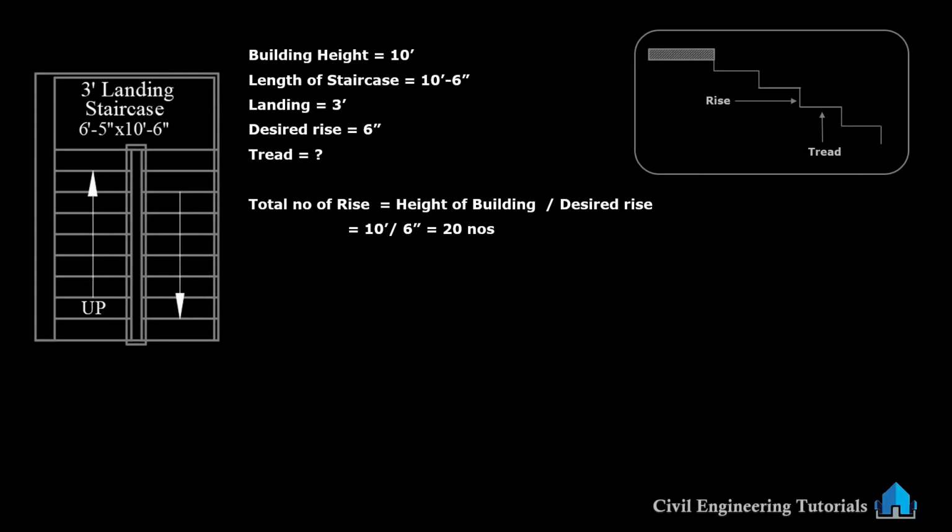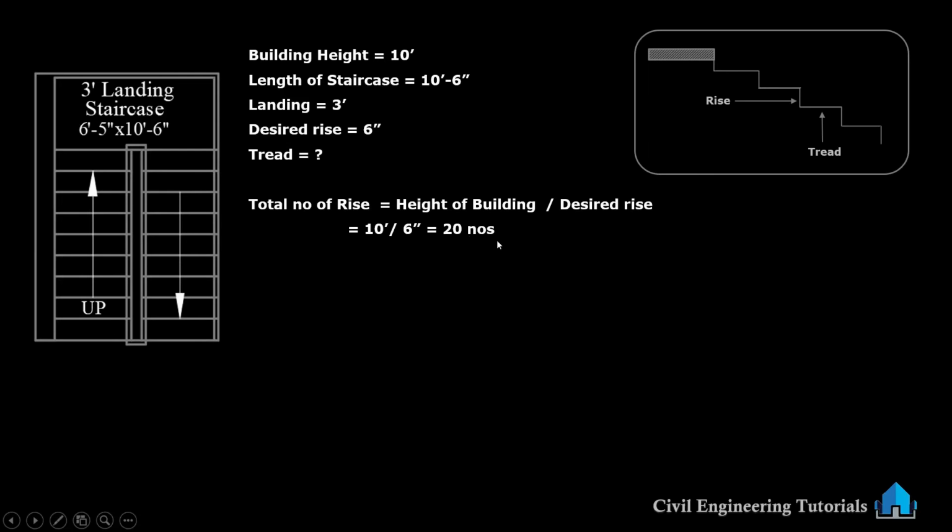So the total number of rise is 20. Rise means this line. We will count it: 1, 2, 3, 4, 5, 6, 7, 8, 9, 10, 11, 12, 13, 14, 15, 16, 17, 18, 19, 20. 20 numbers of riser for the total staircase.